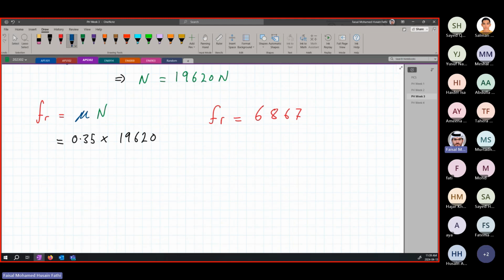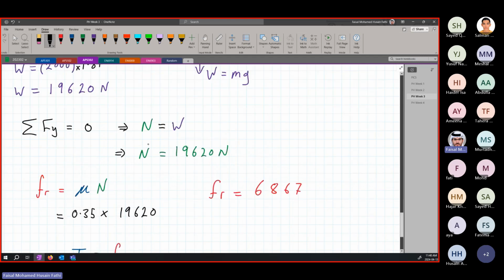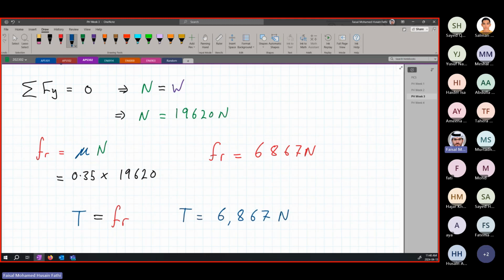So the tension force T is going to be equal to the friction force, because a winch, when it's pulling something, isn't exerting excessive force. It is exerting enough force so that the object is moving. So the minimum required force for this to move is the friction force that should be overcome, which is 6,867 newtons. So the tension force is equal to 6,867 newtons.